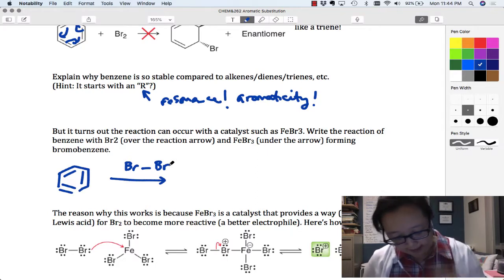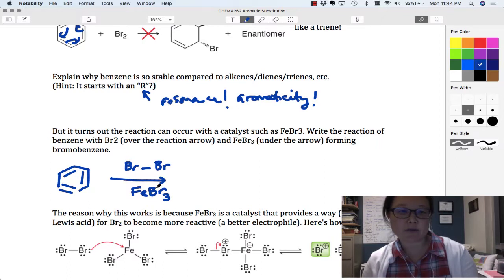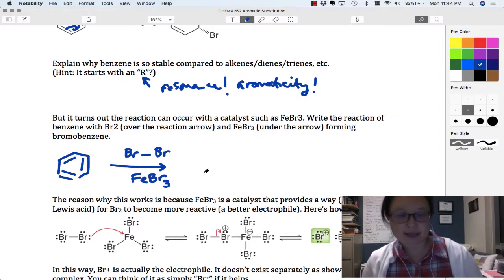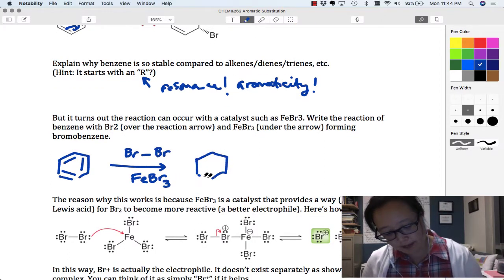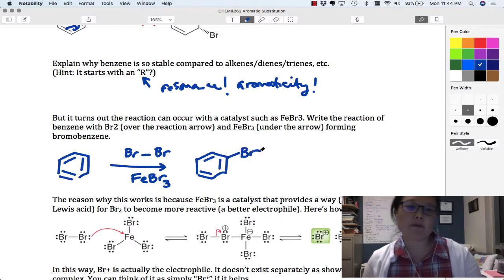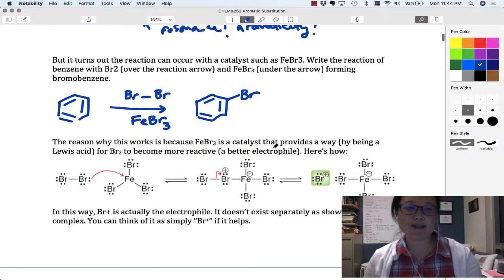So in this case, in addition to Br2, we can add a kind of Lewis acid catalyst named iron tribromide, or iron 3 bromide. Only with a catalyst will we be able to get our bromine on there.